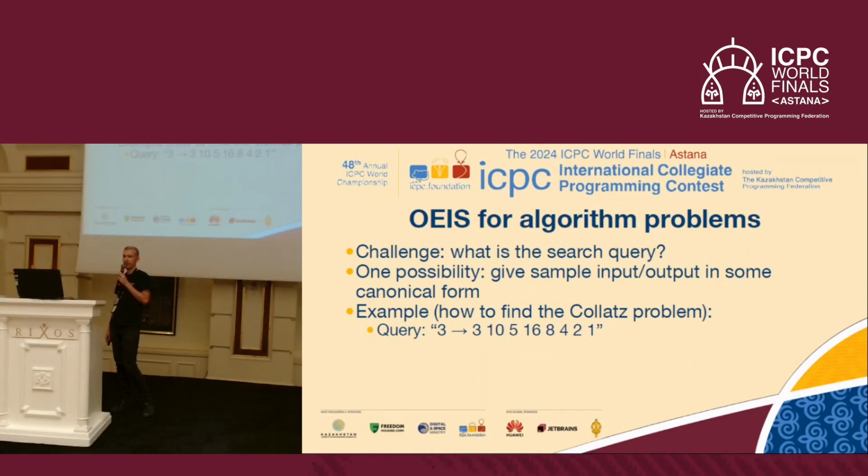So input is 3, and then output would be 3, 10, 5, and so on. And then you would find it. So you don't have to guess something like the problem statement text or something else. You can just give some input and output and then find it.